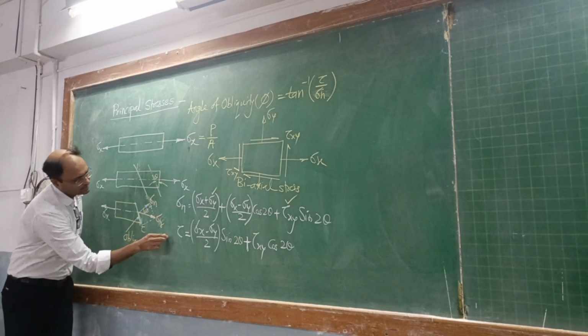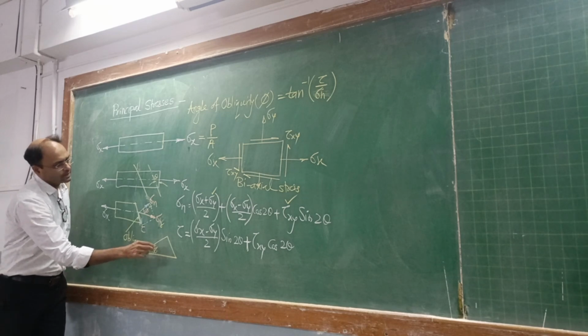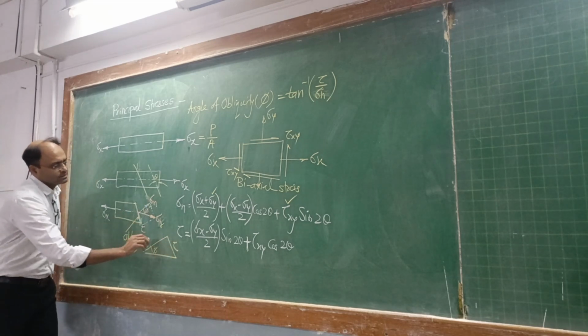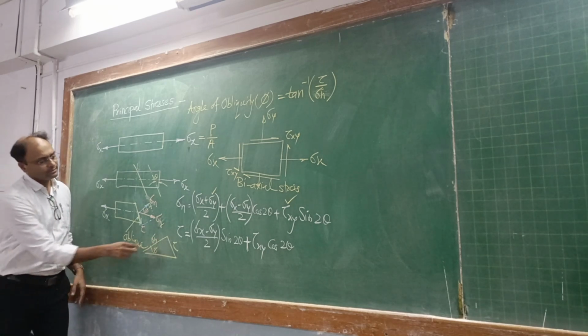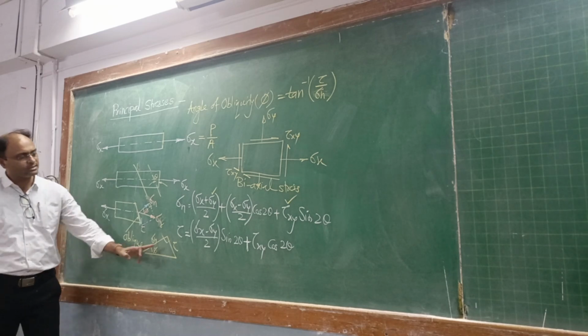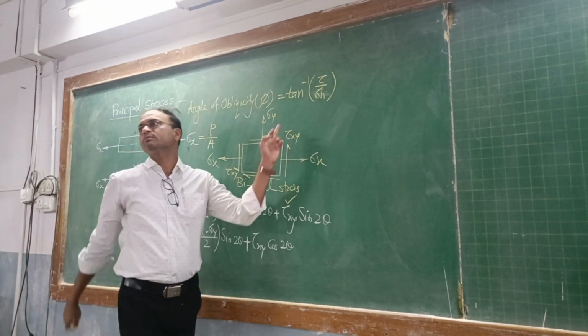You consider this right angle triangle. Okay, this is angle phi. This is tau, this is sigma n. If you take tan, this is right angle. Okay, so tan phi is equal to shear stress upon normal stress. Therefore, phi is equal to tan inverse of that.